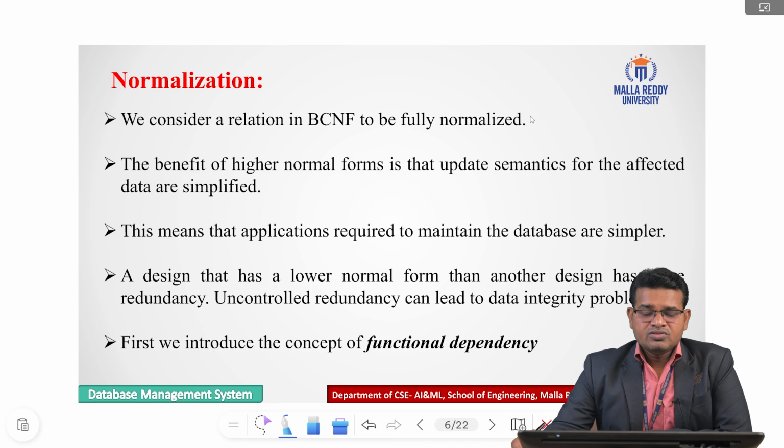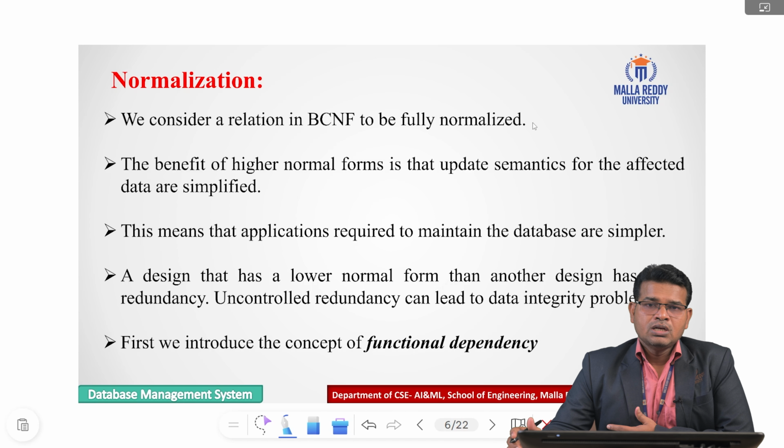The benefit of higher normal forms is that the update semantics for the affected data are simplified, subject to the application. Applications are required to maintain the database in a simpler manner, so more normalized data is simpler for any underlying application to handle. A design with a lower normal form has more redundancy.